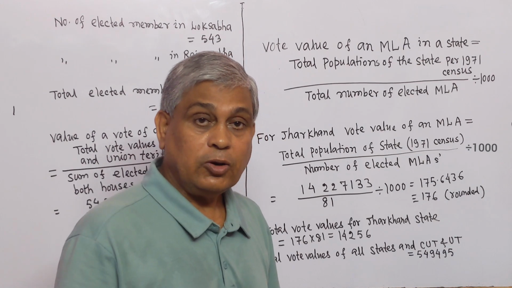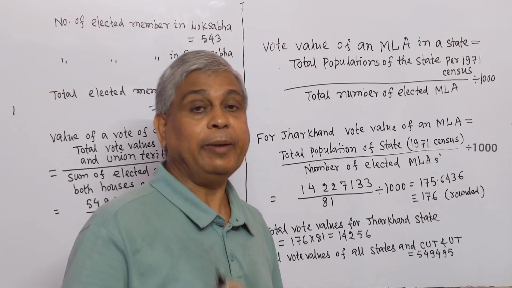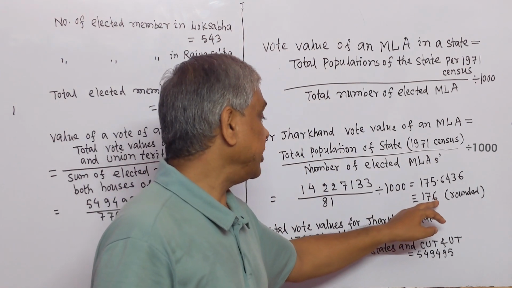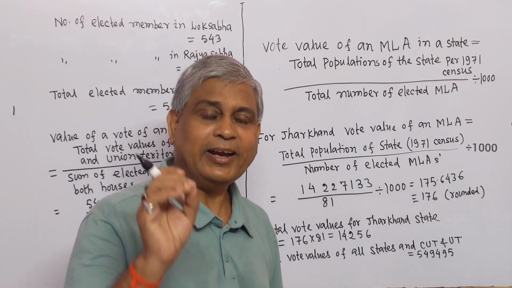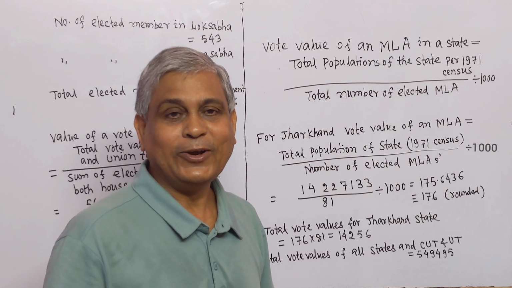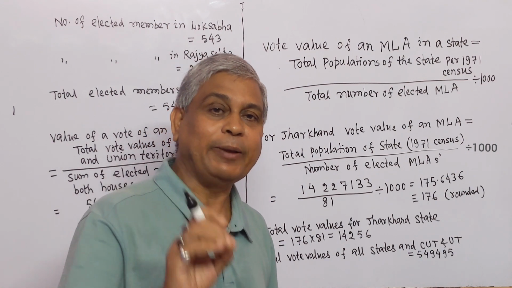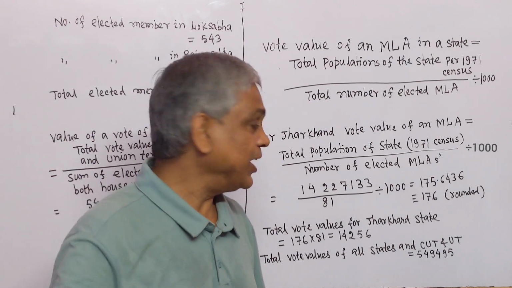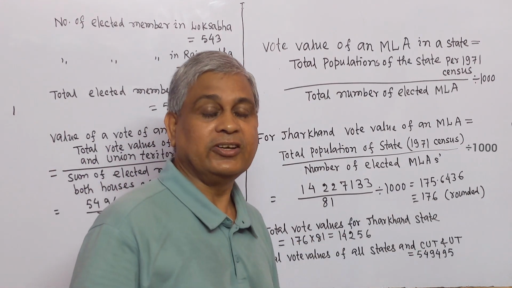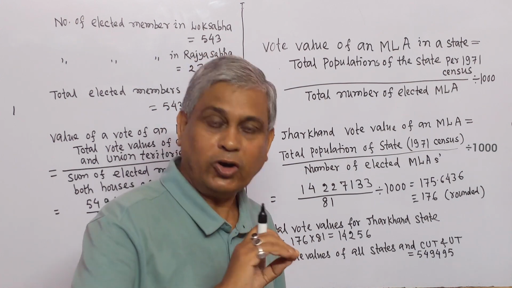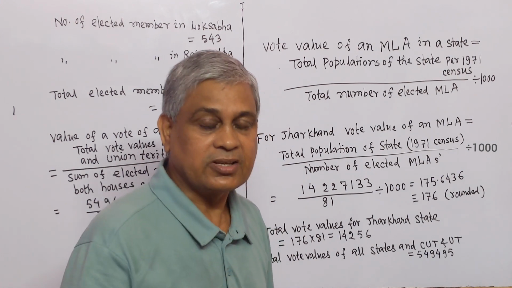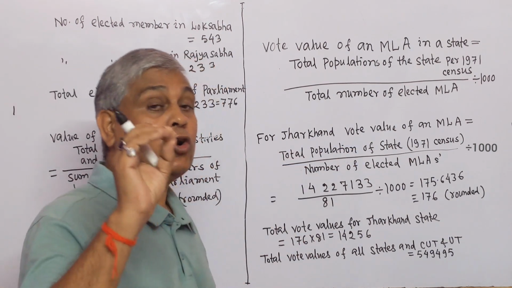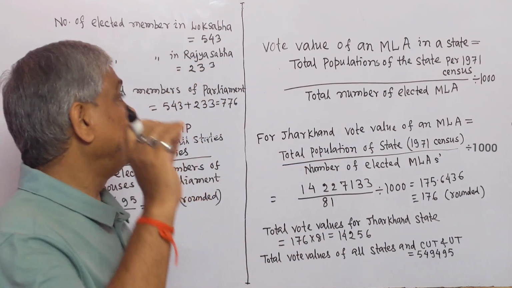Therefore, vote value of an MLA in Jharkhand state be 176. It is not necessary that vote value of an MLA of Bihar state or other state be same as Jharkhand state, that is not equal to 176. In Himachal Pradesh, the vote value of an MLA is 51.